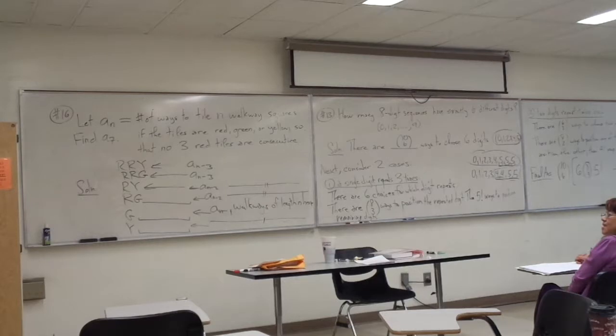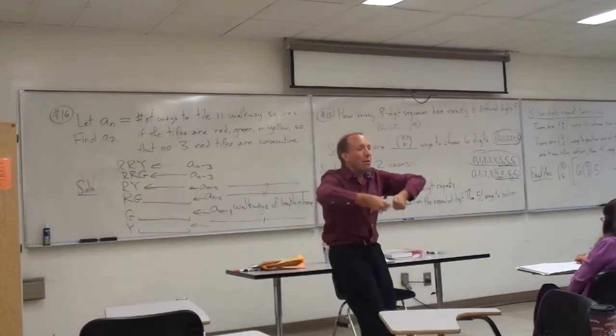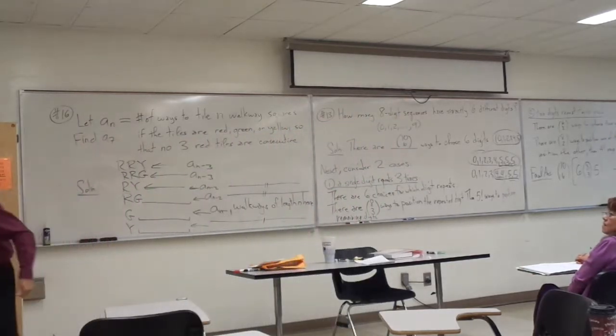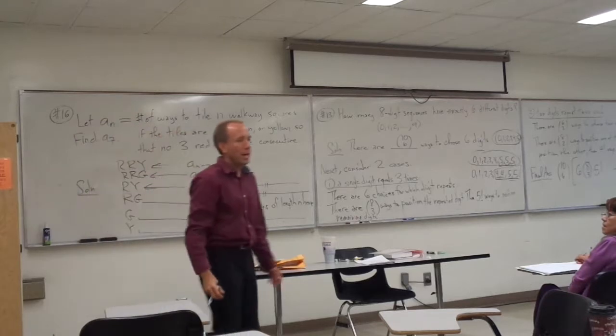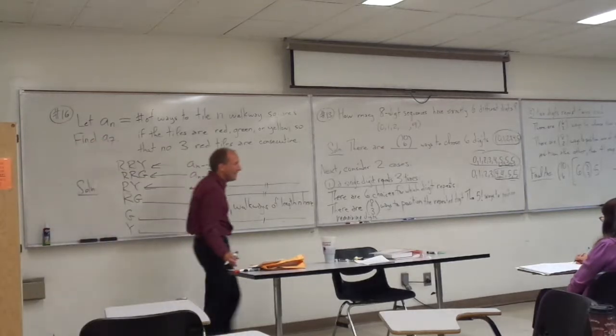This is not wrong, but what we're going to end up with is a mess. Don't do that. Just build up from A1, A2, A3 to what is A4, what is A5, what is A6, and what is A7. You don't need to be breaking it down. This will work, but it's going to be a lot more writing and a lot more time. So I don't like this way. Does that make sense?